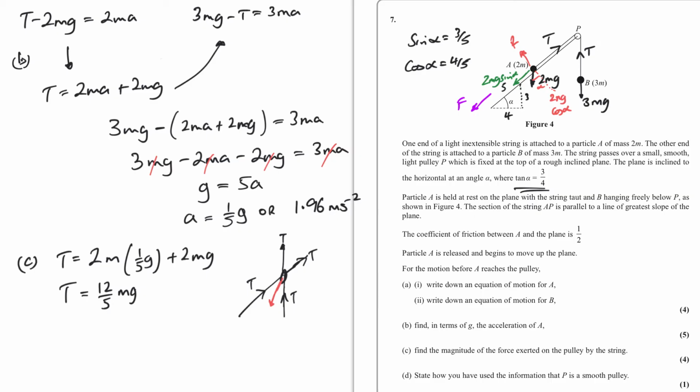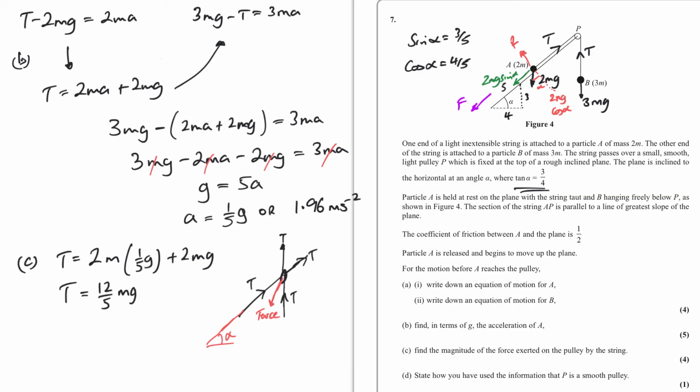Okay? That's the force on the pulley. Now, what we need to do is find the size of the angles here, don't we? So if I think, further down the line of this is alpha, isn't it?